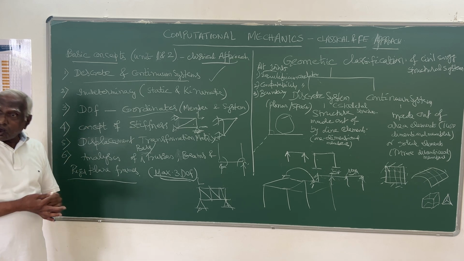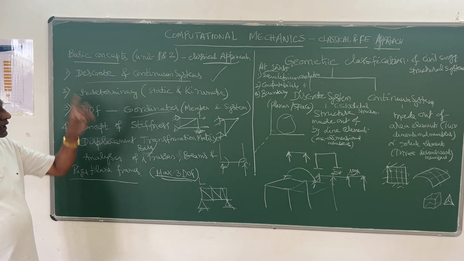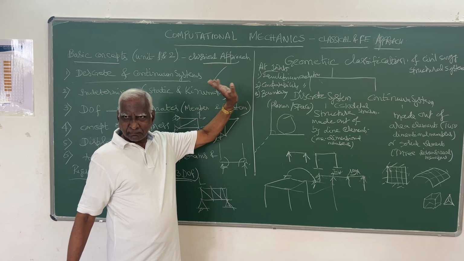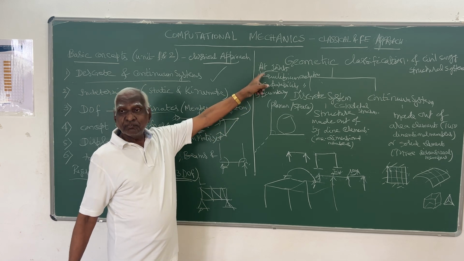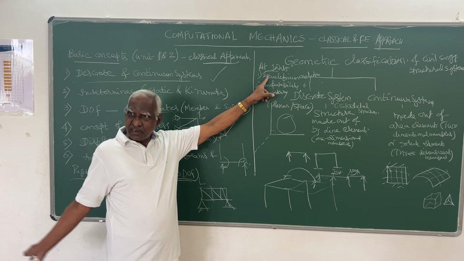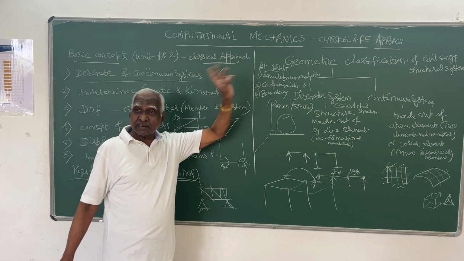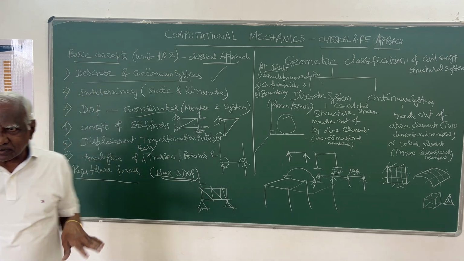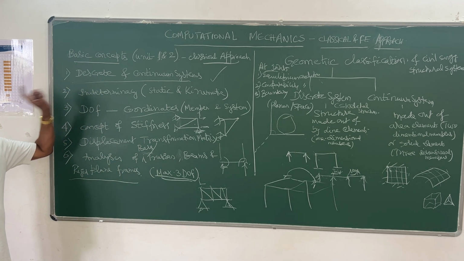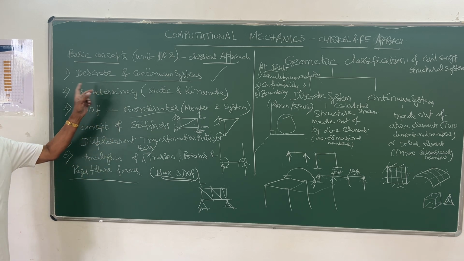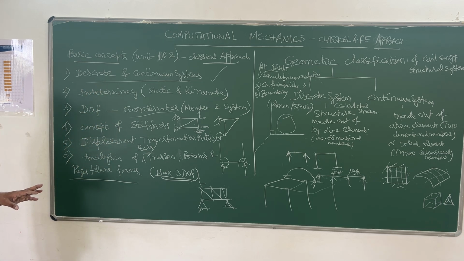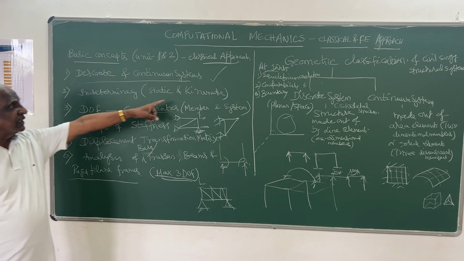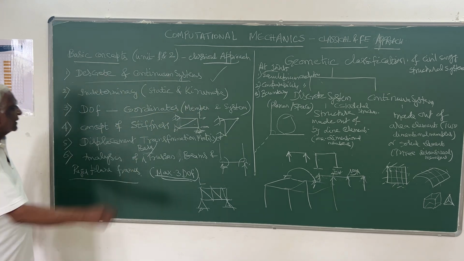So now, all these unknown forces or displacements will be determined by equations of equilibrium or compatibility conditions. If you cannot determine the number of forces in the structure at each joint by equations of equilibrium, then those extra forces that you cannot determine by equations of statics, we call it static indeterminacy, degree of static indeterminacy. Likewise, the number of unknown displacements which we have to determine during analysis, we call it kinematic indeterminacy.